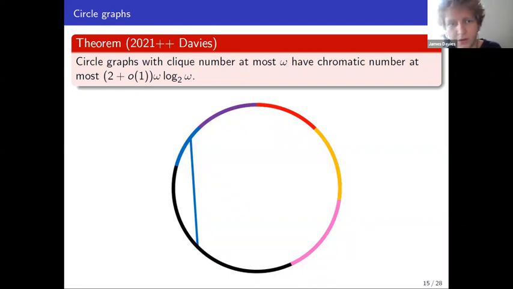So one part of the ω log ω proof is that we're instead going through and doing proper coloring as we go. So there can be multiple different shades of blue colored chords, I guess.